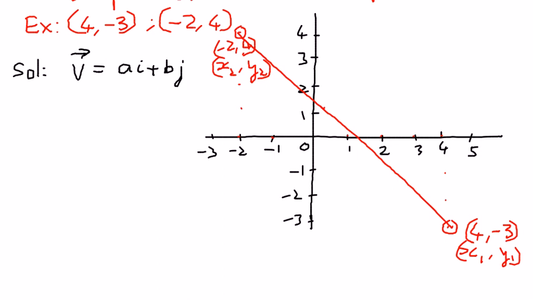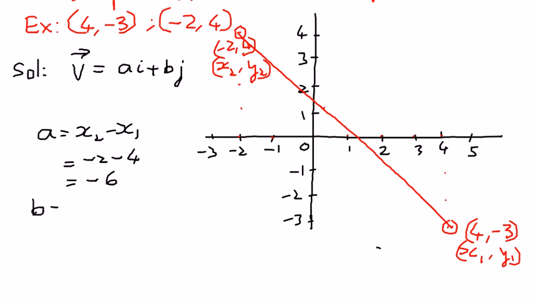Here, a is equal to x2 minus x1. x2 here is negative 2, and x1 here is 4. Therefore, when we simplify this, it simplifies to negative 6. Negative 2 minus 4 is negative 6.